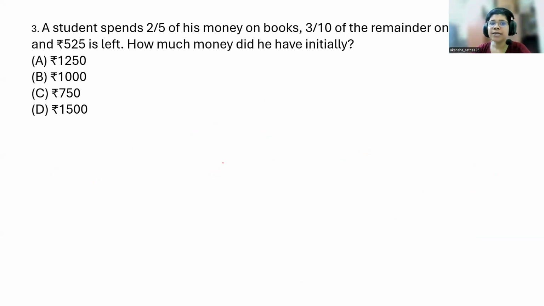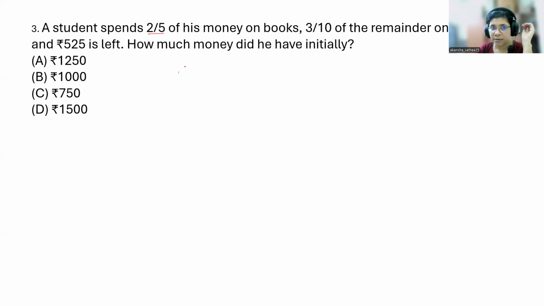Next, a student spends 2 by 5 of his money on books, 3 by 10 of the remainder on food, okay, and is left with 520 rupees. How much money did he have initially? So basically, let's say the student has X money.